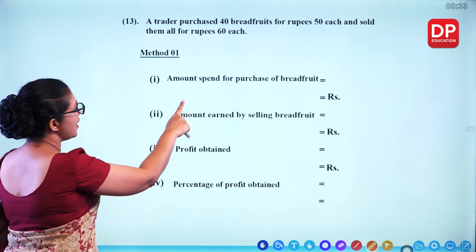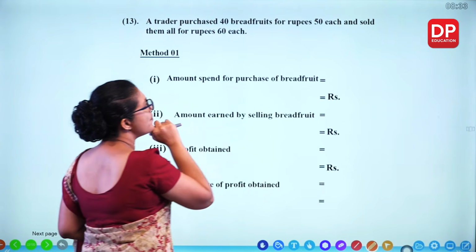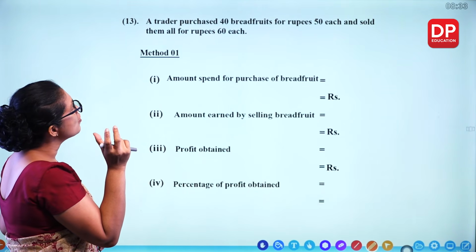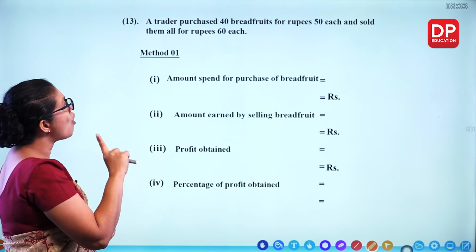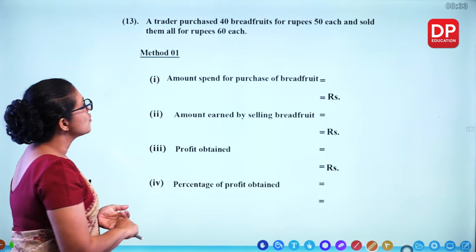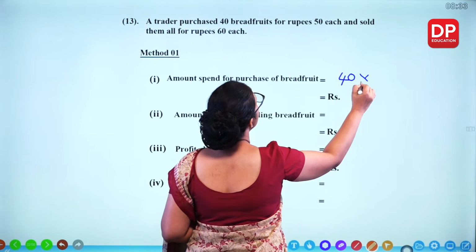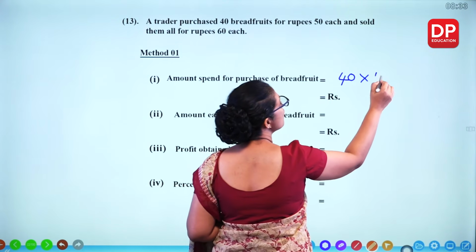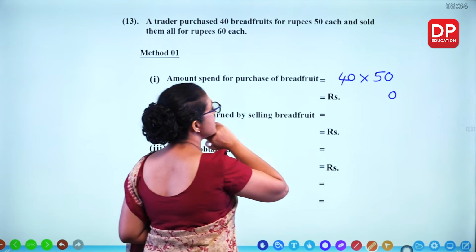So we can find out the amount spent for purchase of breadfruit. So how many breadfruits? 40 breadfruits, each one is 50 rupees. So 40 into 50. So that's the buying price.